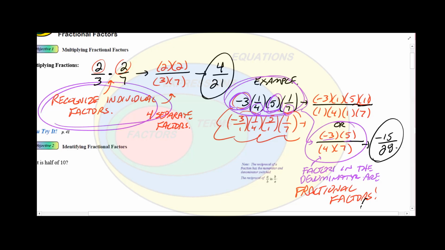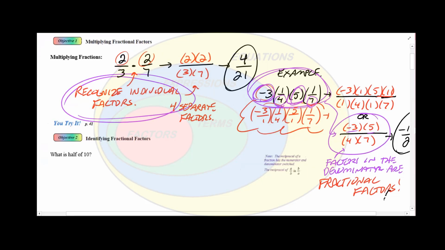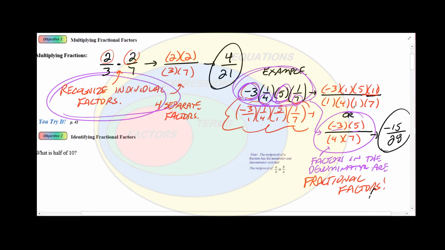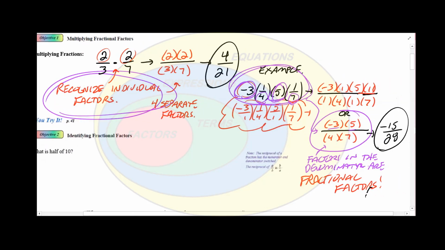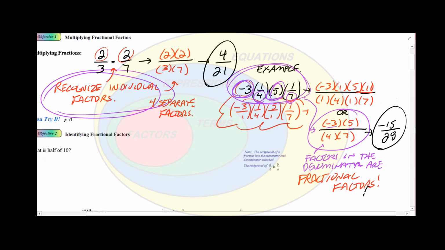But it's not so much the answer, it's understanding when I see fractions, what I care about is how to find the factors in the numerator and the denominator, these fractional factors. Okay, again, I want to make sure we're using composition. So the first thing is reading it. When I have a fraction, how do you see the individual factors?